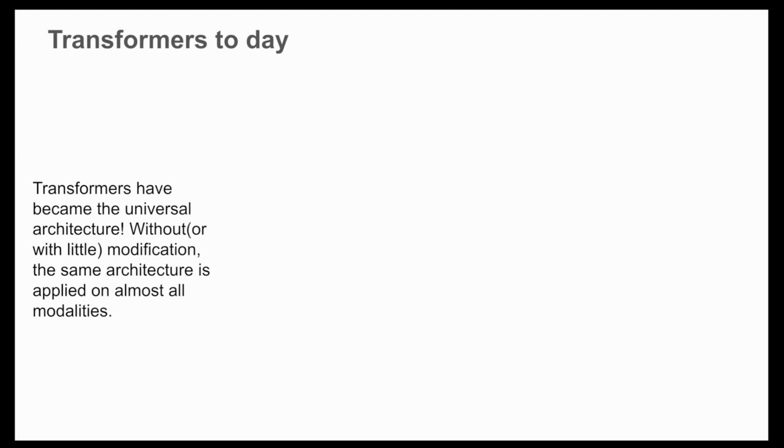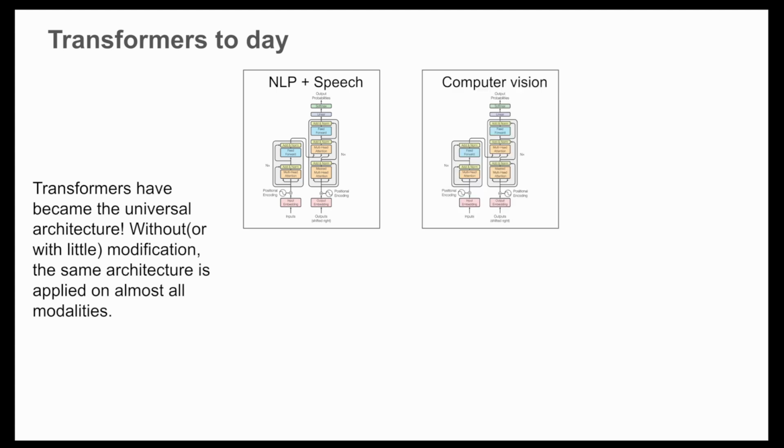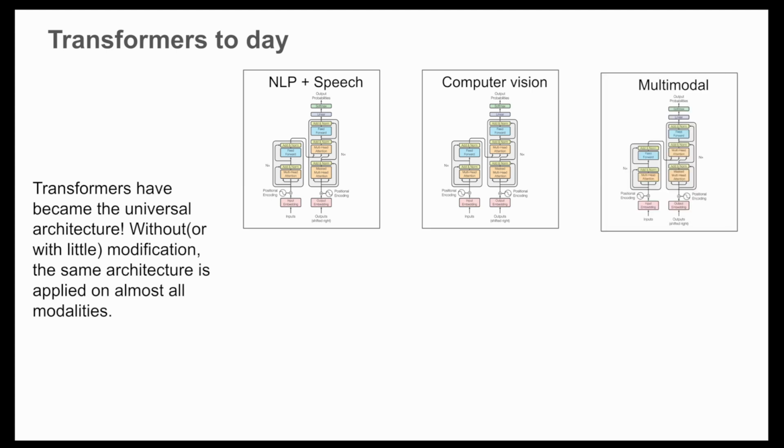With few modifications or without any modification at all, the same architecture is applied on almost all modalities. In NLP and speech recognition, people use transformers. In computer vision, people are starting to use transformers. In multimodal learning, people are using transformers.